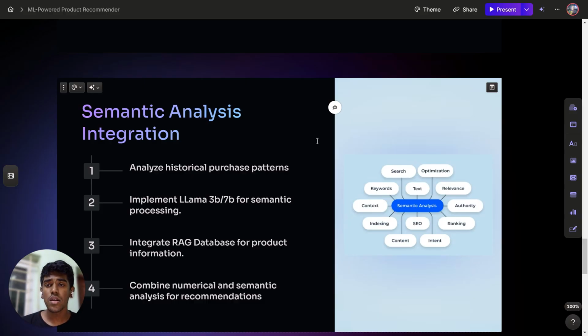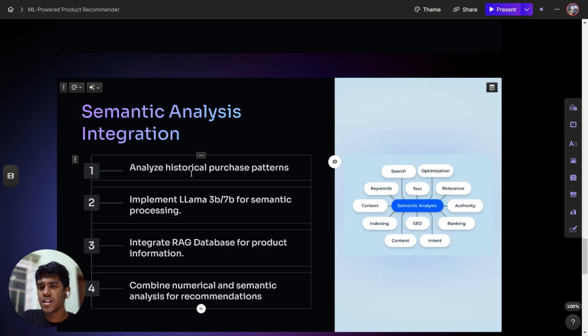If he buys a phone, he'll always buy something like a phone case or a screen guard. While these are linked with phones or electronics in common, they are never related to each other directly. This can be done via clustering algorithms as well, but I'm using a semantic integration here.